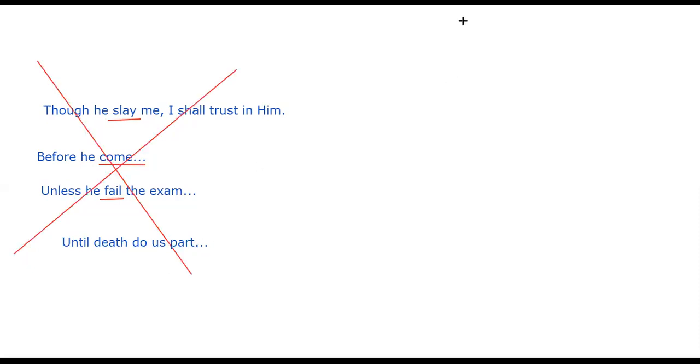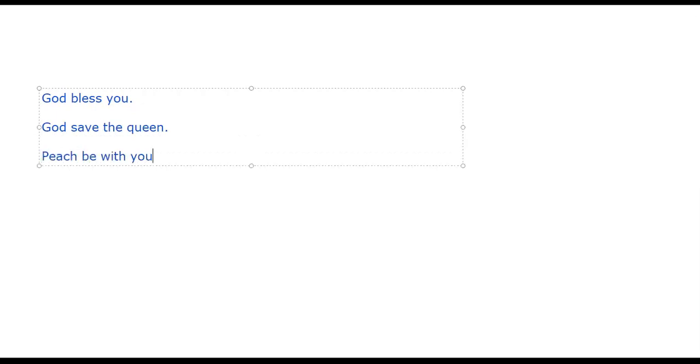And speaking of expressions, I should mention one thing. The last thing about the present subjunctive is that you can use it in expressions such as "God bless you," or "God save the queen," or "peace be with you," and there are other ones too.